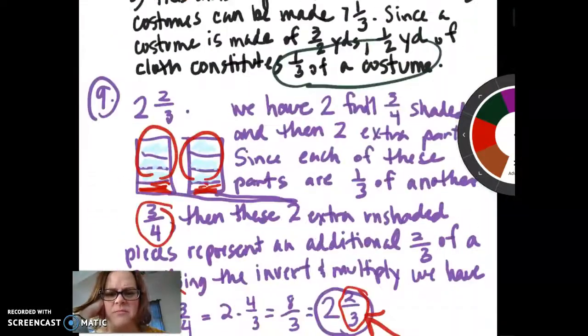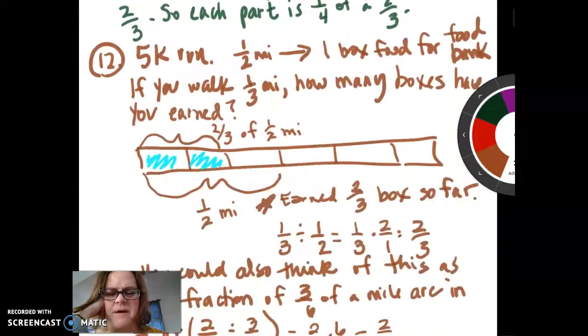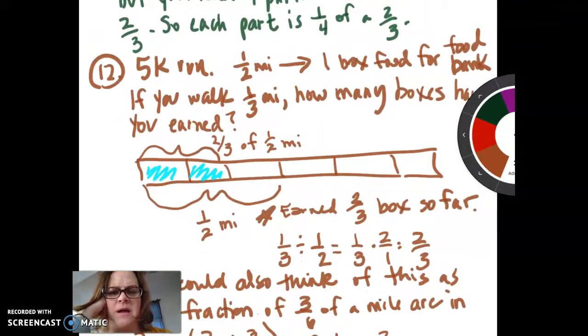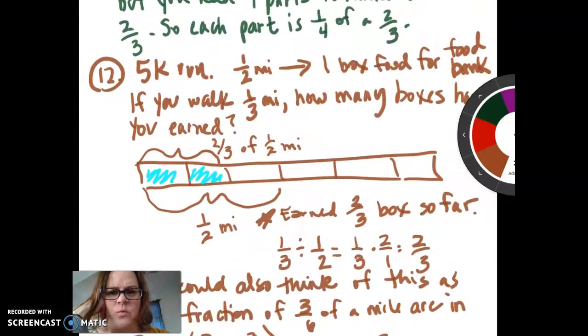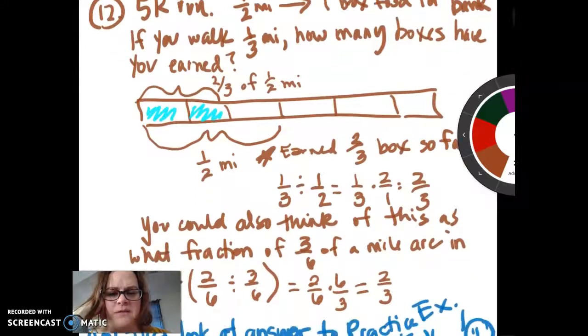So I wrote a problem with a 5K. I'm saying there's a 5K run, and for every half mile you go, you earn 1 box of food for the food bank. And so the question then is, if you walk a third, how many boxes have you earned? So that's a problem for a third divided by a half.